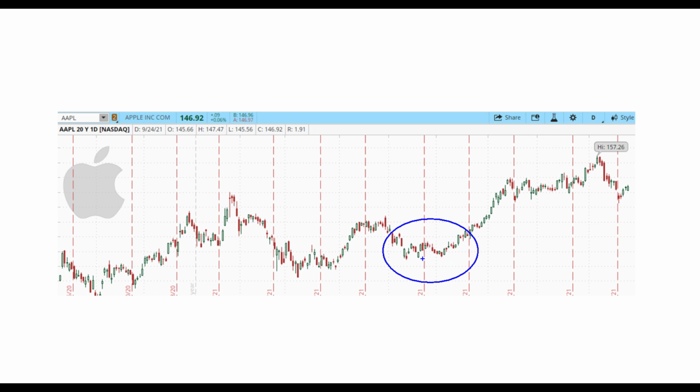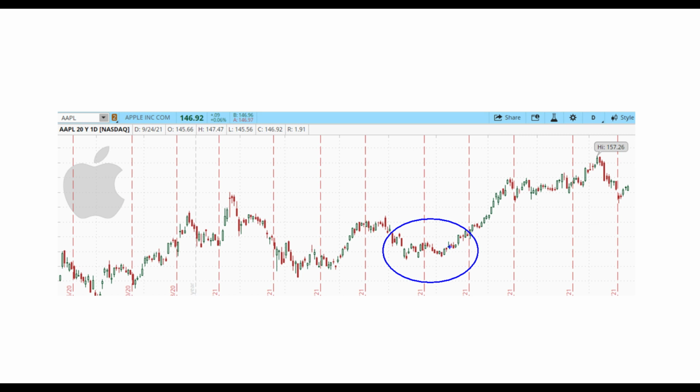As I said, as long as the bottoms are very close, they're not always going to be exactly identical. But you can see here, Apple pulled down, followed by a move up, followed by a move down, and it could not go any lower. That right there should start to get your antennas up.